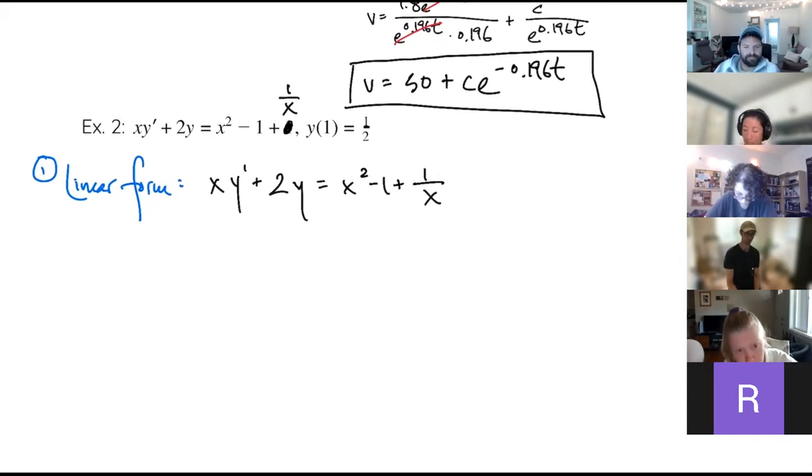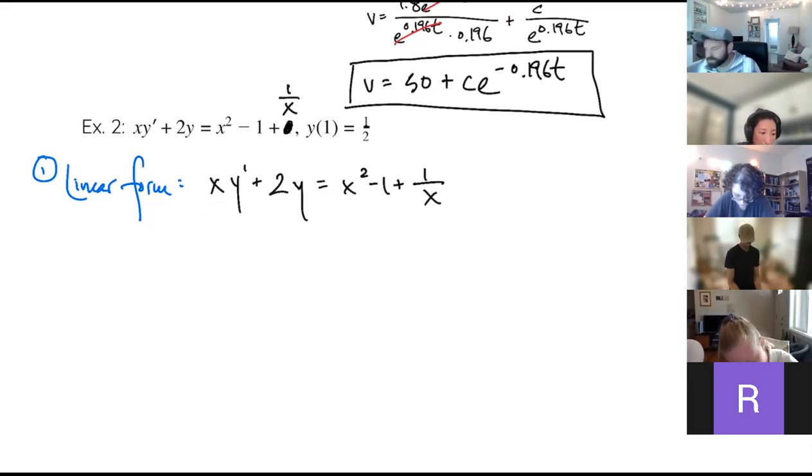If we think back to that very first step, we wanted to make the coefficient of y prime equal to 1. We didn't have to do that in the first example because it was already divided for us. In this case, we're going to divide everything through by x.